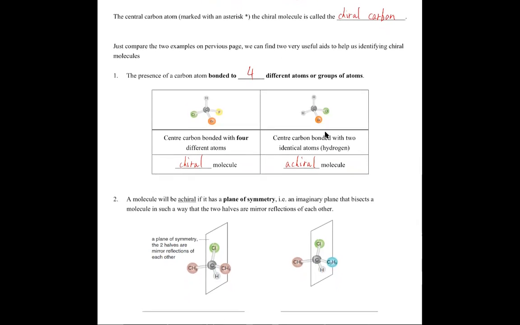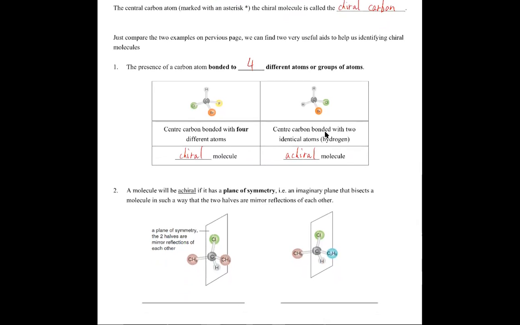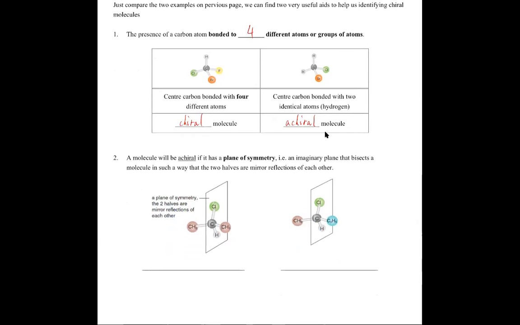So that moves us to the next part. As we have found using those examples, if we can find a plane of symmetry, then the molecule will be achiral. Here, the central carbon is attached to 2 identical methyl groups, hence we can find a plane of symmetry.